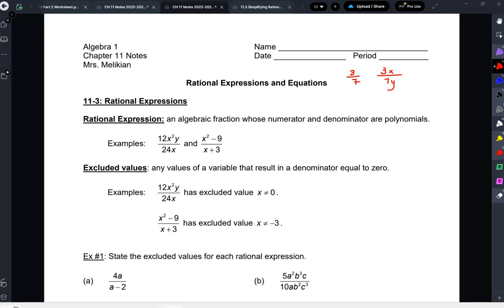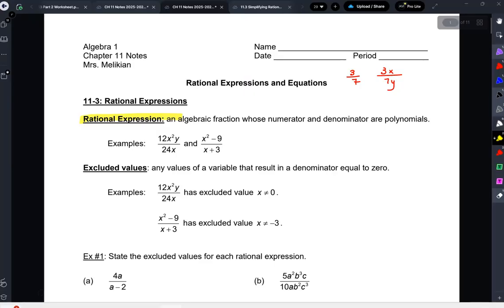Now, what we also know, so that is a rational expression, right? What we also know about fractions is, can you ever divide by 0? No, you're never allowed to divide by 0. So the denominator of a fraction can never be 0.